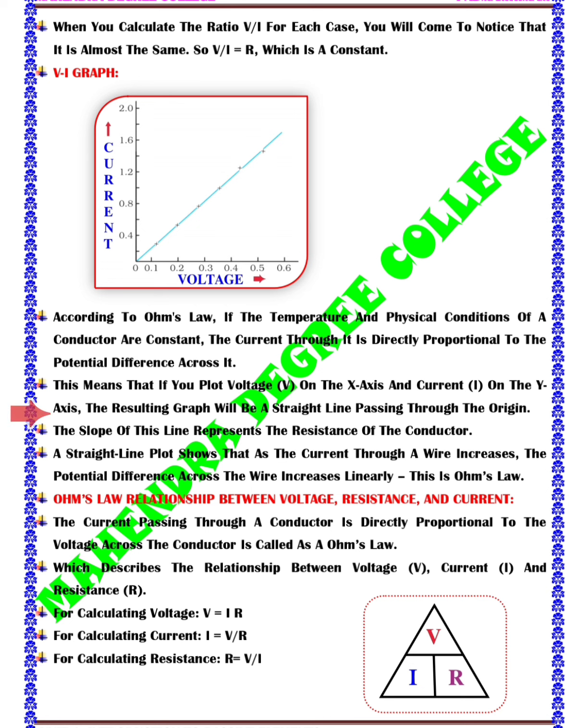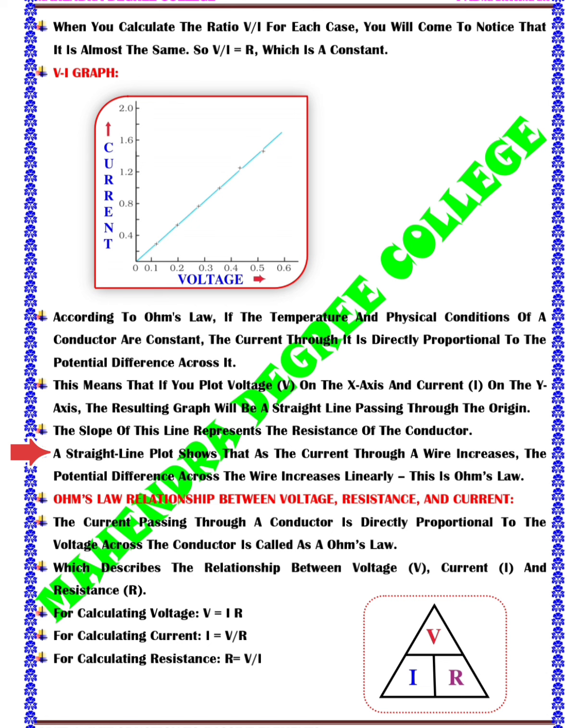A straight line plot shows that as the current through a wire increases, the potential difference across the wire increases linearly. This is Ohm's law. The potential difference across the ends of a resistor is directly proportional to the current through it, provided its temperature remains the same.